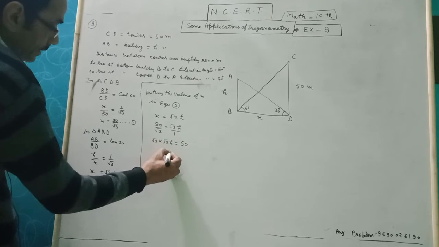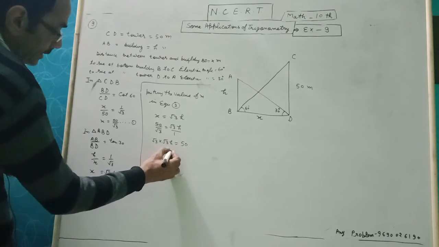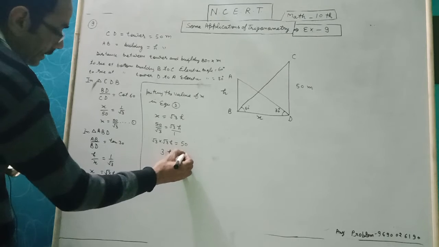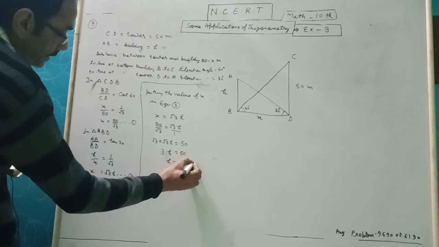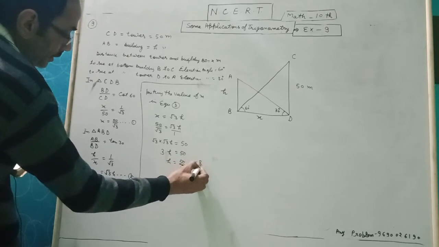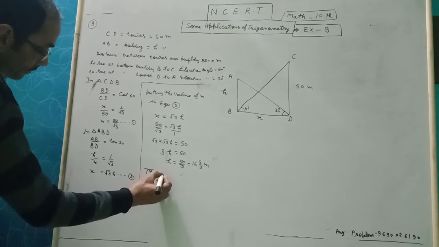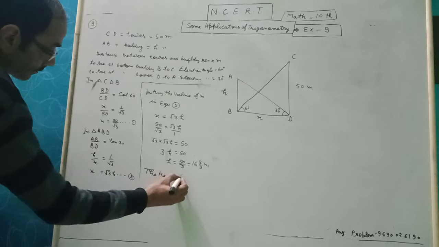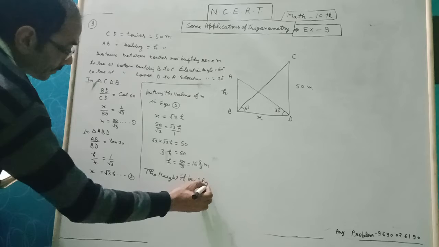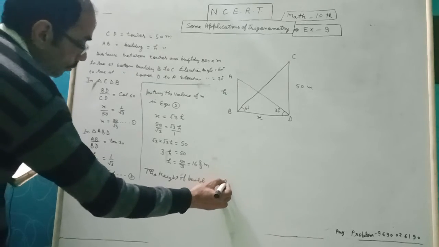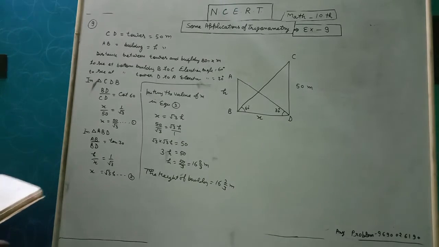After multiply, 3h is equal to 50, h is equal to 50 upon 3 or 16 whole 2 upon 3 meter. The height of the building is equal to 16 whole 2 upon 3 meter. Question number 9 is complete.